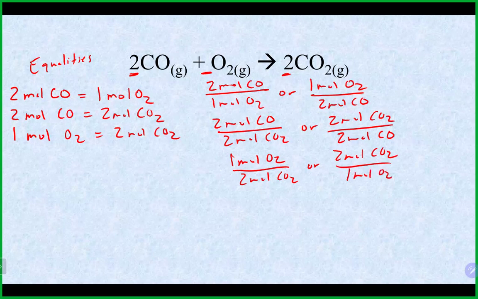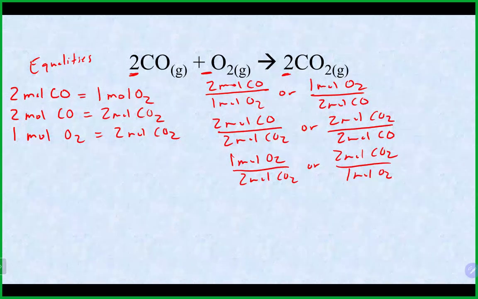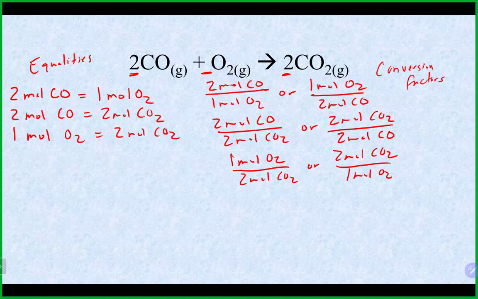These are 6 conversion factors that we could get from this one equation. So this one equation gives us 3 equalities, 6 different conversion factors that we could use in a calculation.